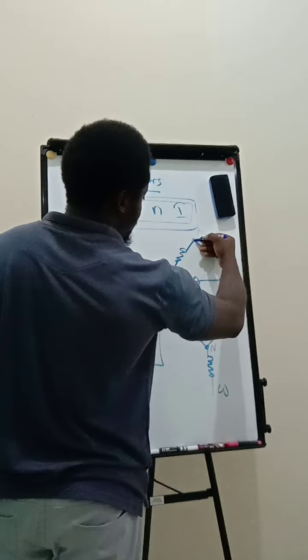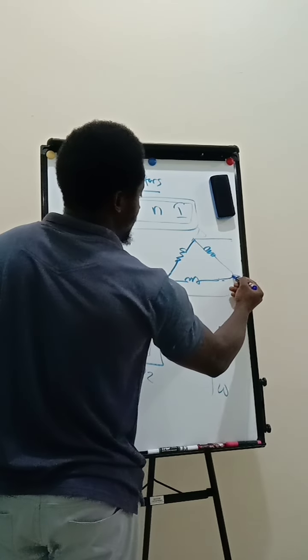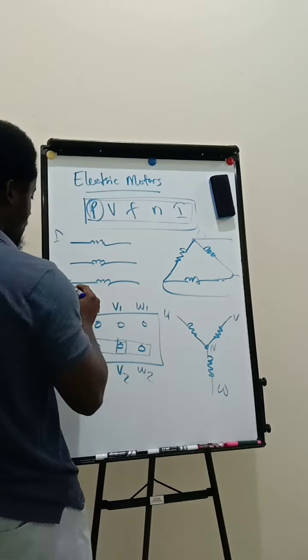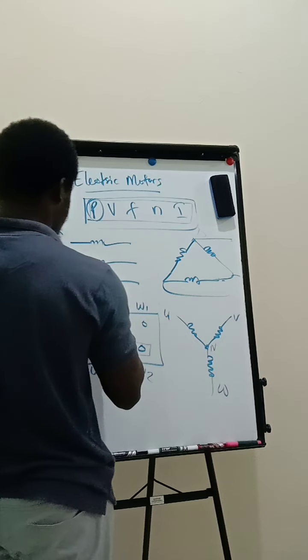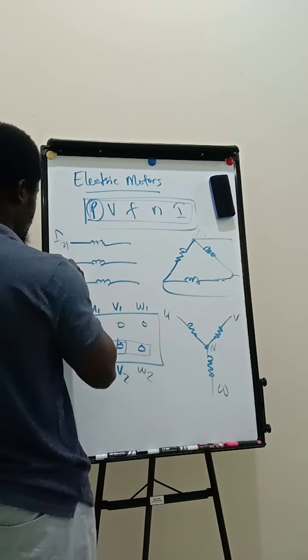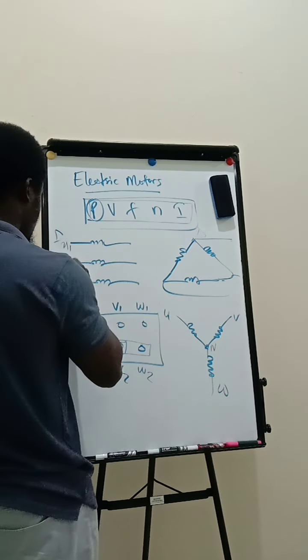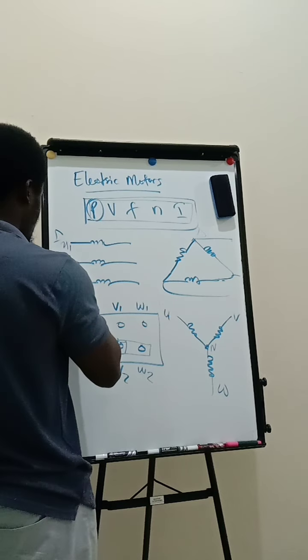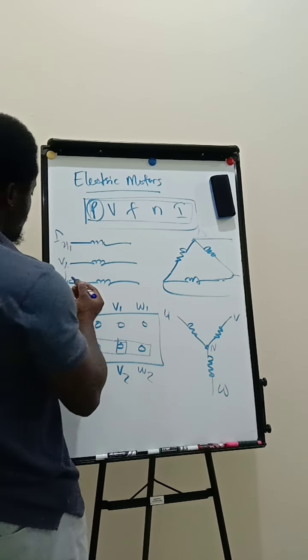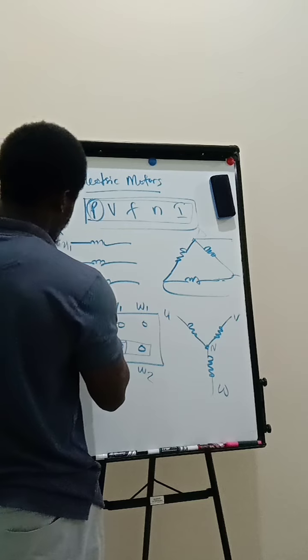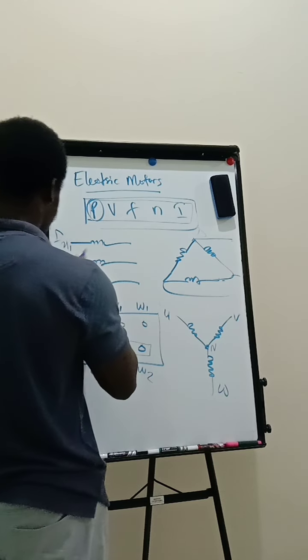The start of each winding is connecting to the end of the next winding. So we are going to have it as such, having the start, we will call this U, V, W.